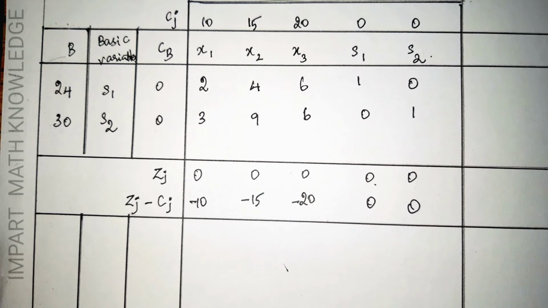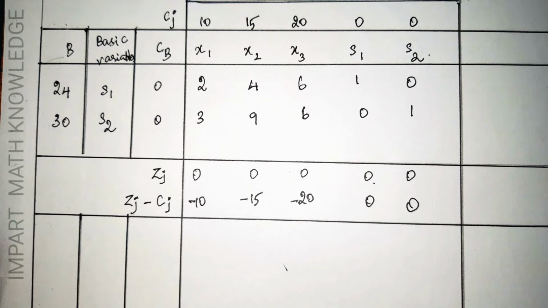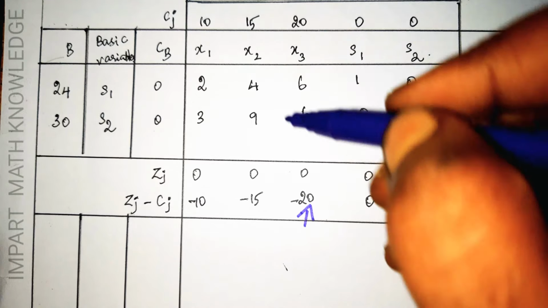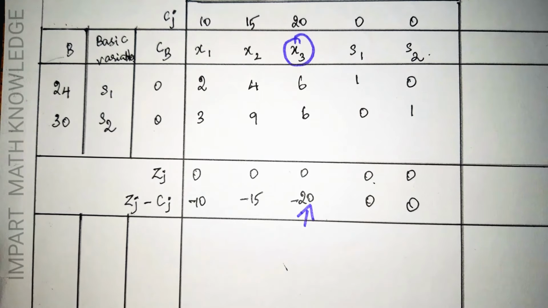For that, we have to follow some procedures. We have to find the entering variable. For finding entering variable, we have to pick the most negative value. Here most negative value is minus 20. So the corresponding variable x3 enters into the next table.